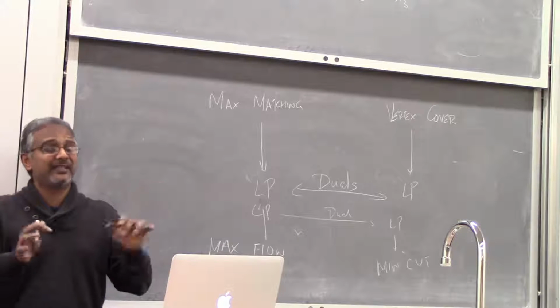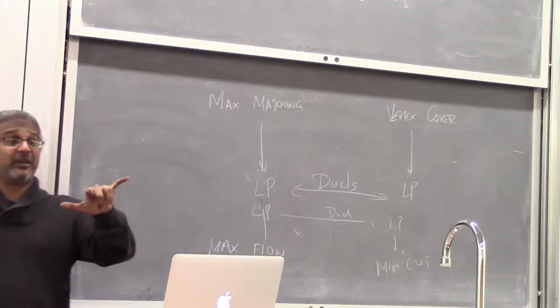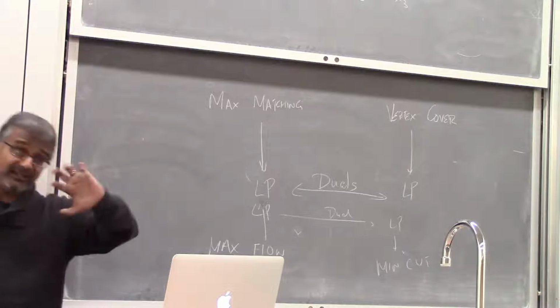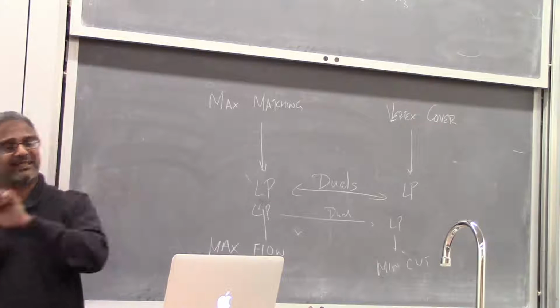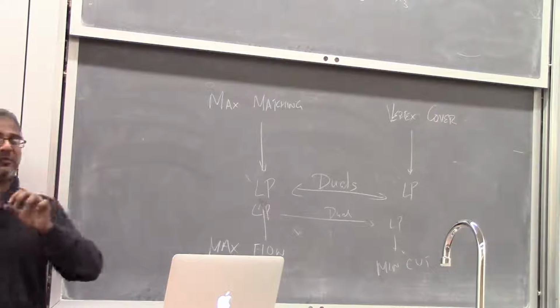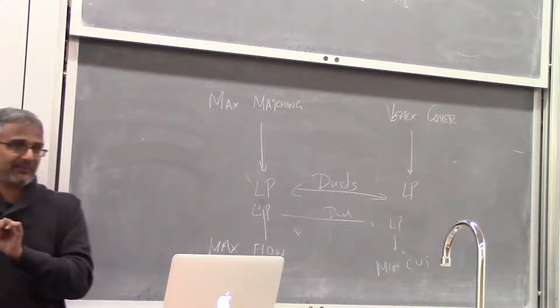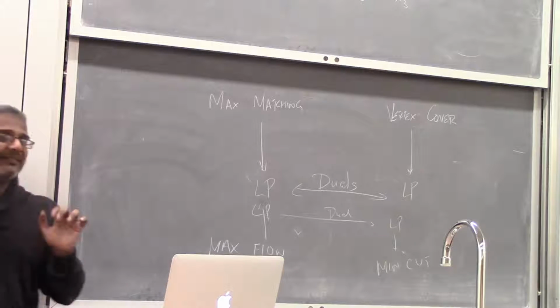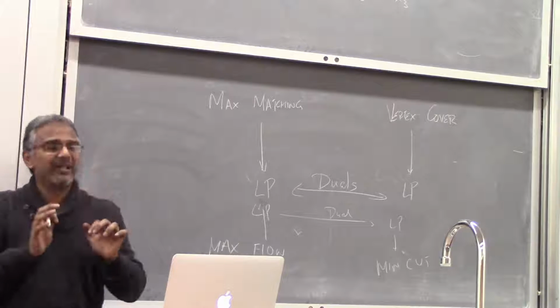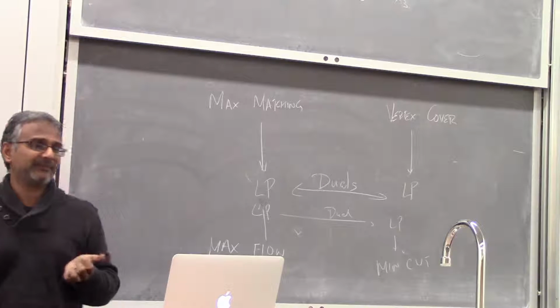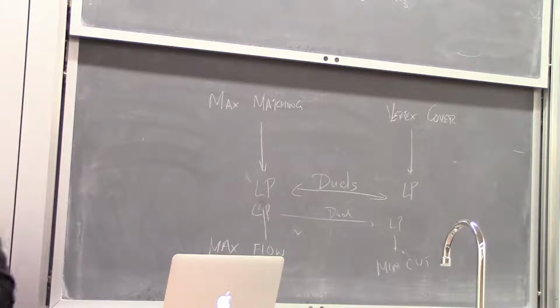There's a standard way to say an equality constraint corresponds to a variable that could be positive or negative. A greater-than-or-equal-to constraint corresponds to a variable that's negative. A less-than-or-equal-to constraint corresponds to a variable that's positive. There's a whole bunch of rules that make it easier to write the dual. These are all the same thing, but choosing the right form of the LP can make writing the dual a lot simpler sometimes. That's where the art comes in.